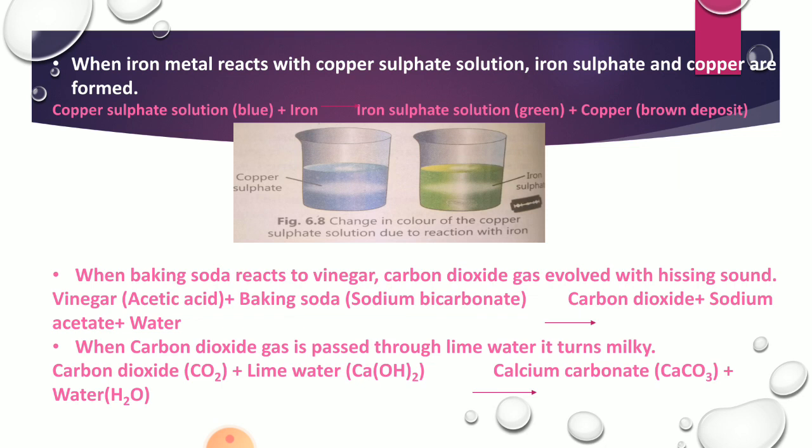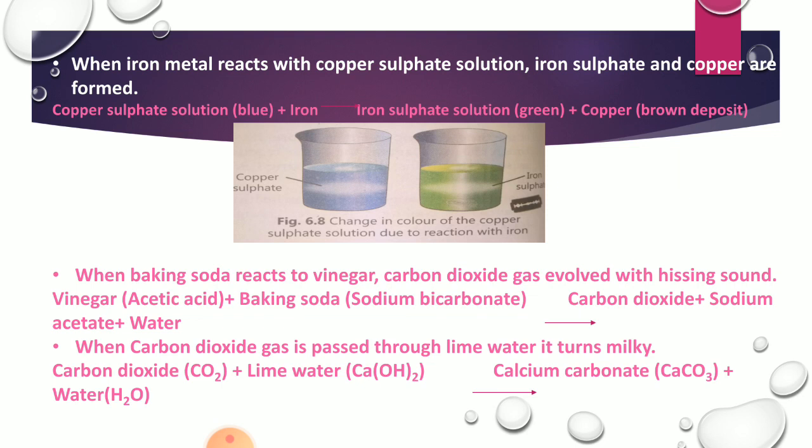After half an hour we will see that the blue colored solution will become green, and the iron nail present at the bottom of the solution will become reddish brown in color. Why does this change take place? Because in copper sulfate solution copper is present, and during the reaction iron replaces that copper from the copper sulfate solution and forms iron sulfate solution and copper.